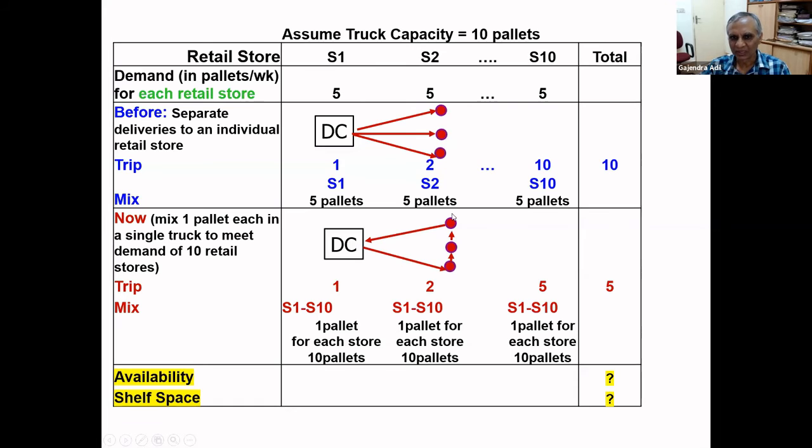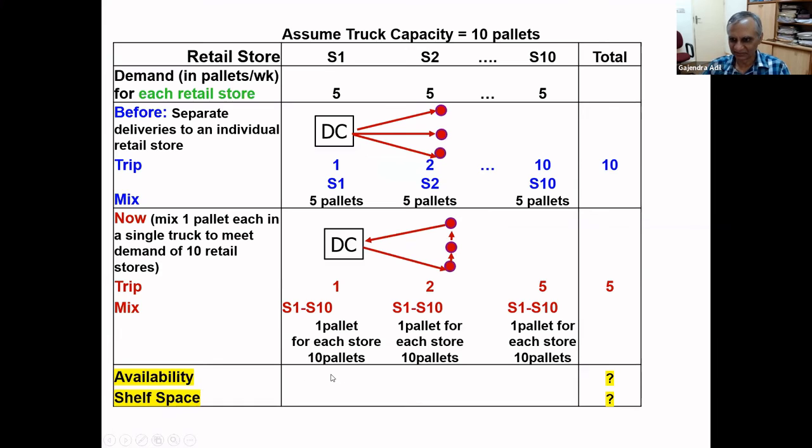That means in one round you deliver 1 pallet to each store on a given day. Then you make the next round, maybe next day, like that. Do visualize this. So one is the total demand for a store carried in a truck. The other is the demand distributed to all the stores.